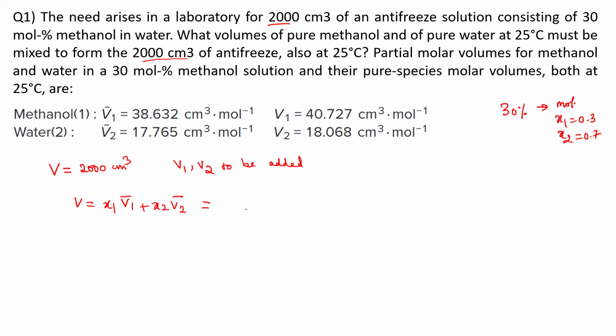So in 1 mole you will have 0.3 into V1 bar, 38.632, plus 0.7 into V2 bar, 17.765. And this gives us 24.025 centimeter cube per mole. This V is a molar property here.